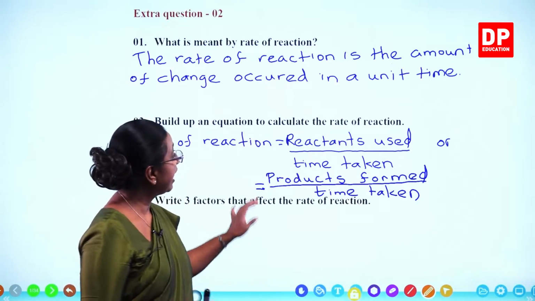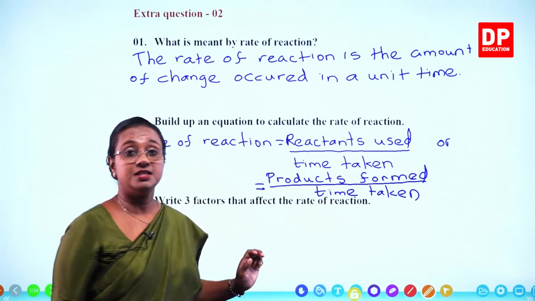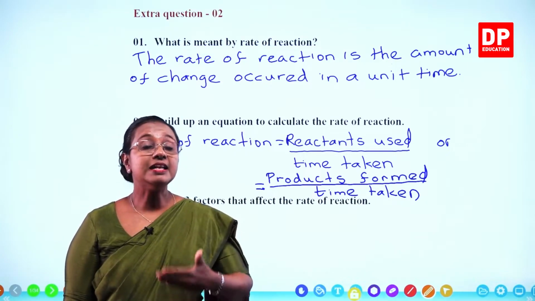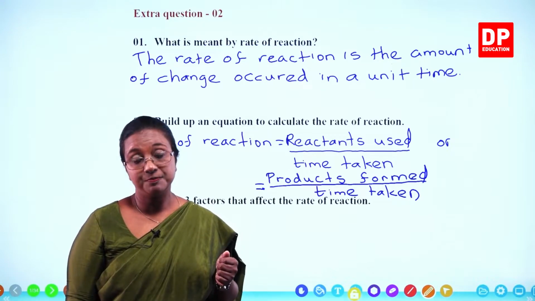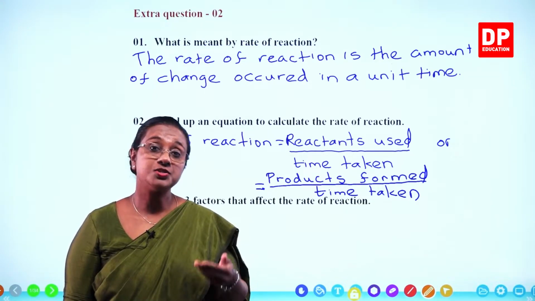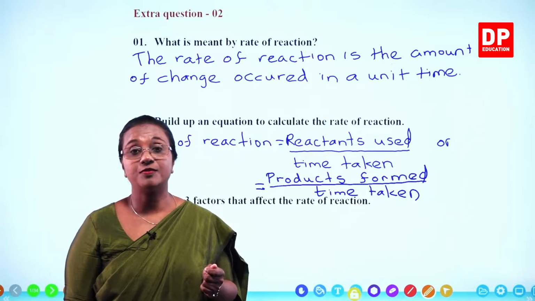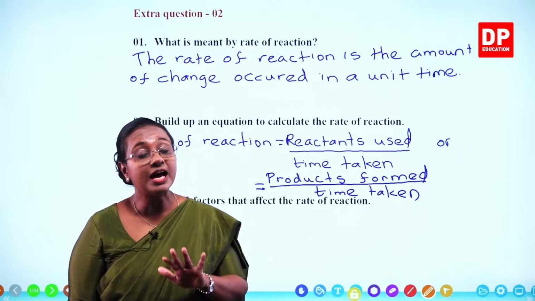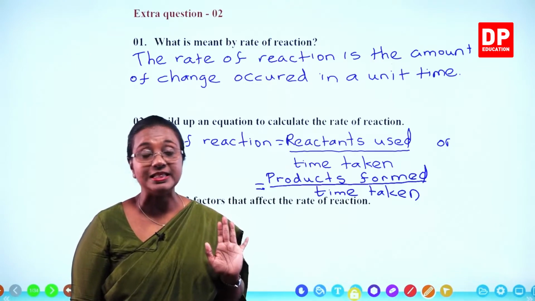Otherwise, you can fix the amount of reactants used. Let's say 5 grams of something reacts, and then you calculate the time, measure the time. So there also you can consider the rate of reaction. Either keep the substance constant or the time constant. You are familiar with that.